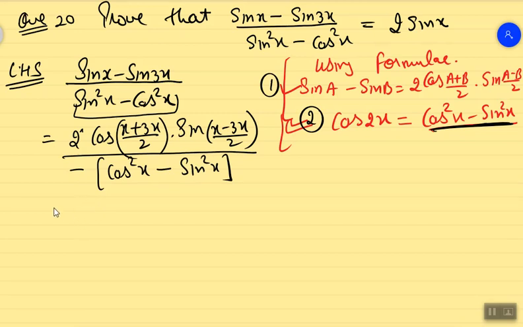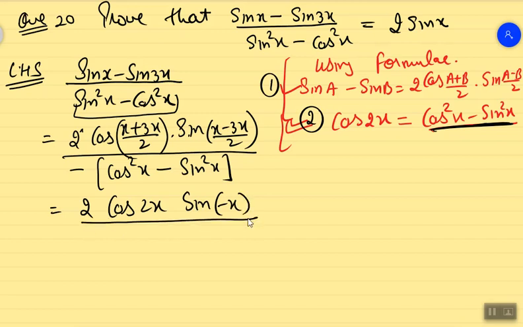Now 2 cos 2x, sin of minus x, in the numerator. There is a negative sign; negative angle means fourth quadrant. And cos 2x is in the denominator, minus minus cancel out, so minus 2 sin of minus x.